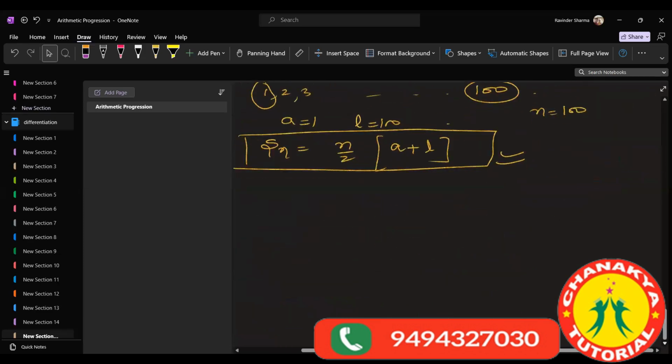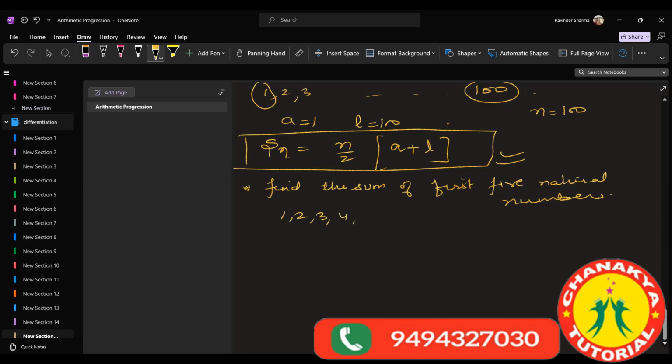See, I asked you to find the sum of the first 5 natural numbers, and you told me the sum was 15, right, beta? So see, 1, 2, 3, 4, 5. Here the first term is 1 and the common difference is 1.